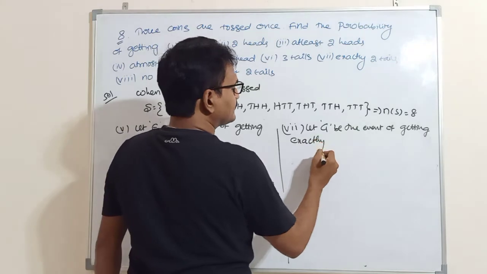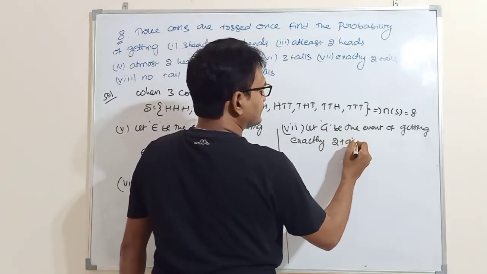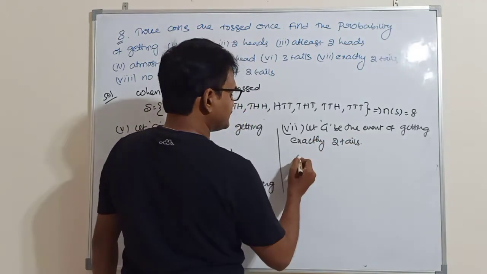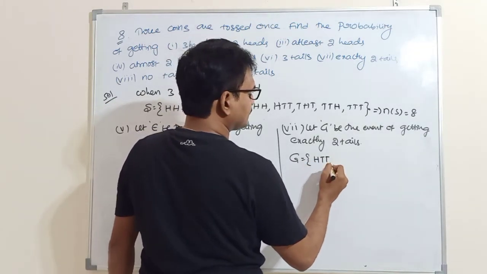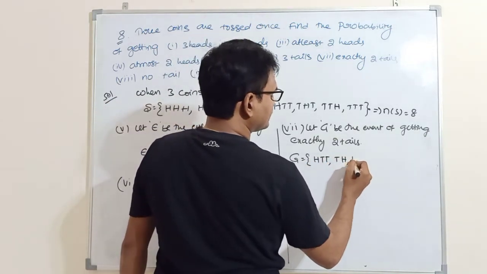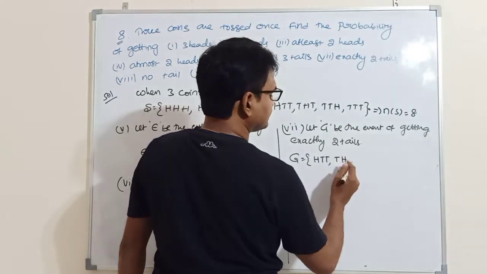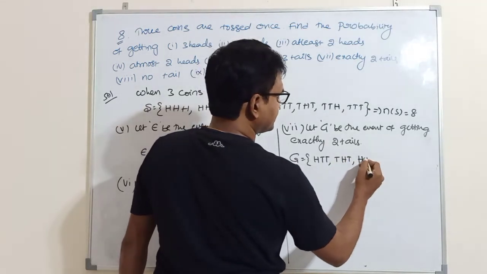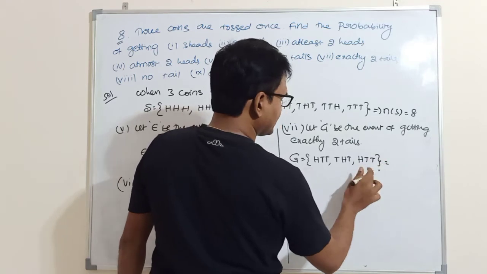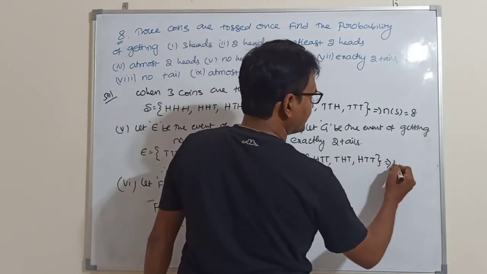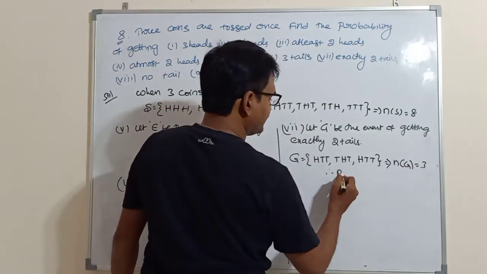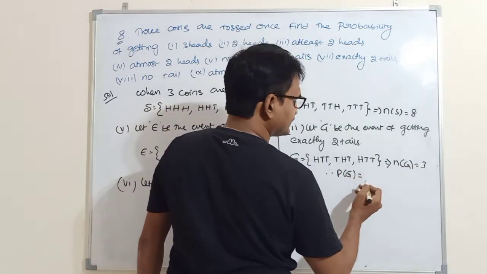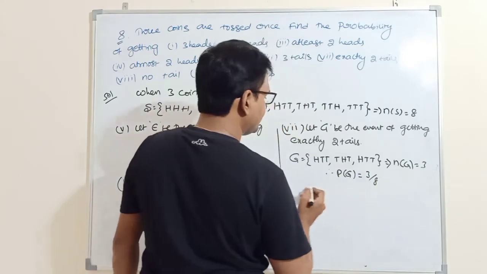Exactly 2 tails means G is equal to HTT, THT, and TTH. So the number of sample points is 3. Therefore, P of G, the probability of getting exactly 2 tails, is 3 out of 8.